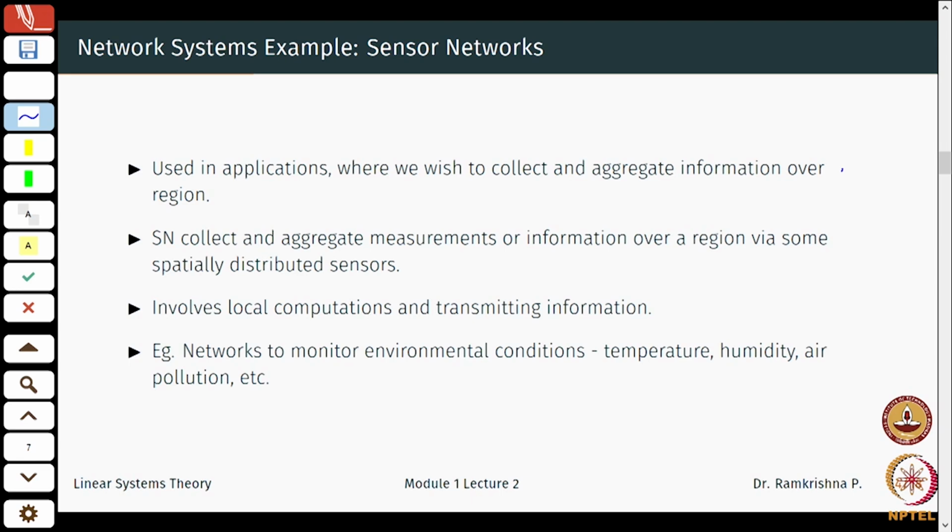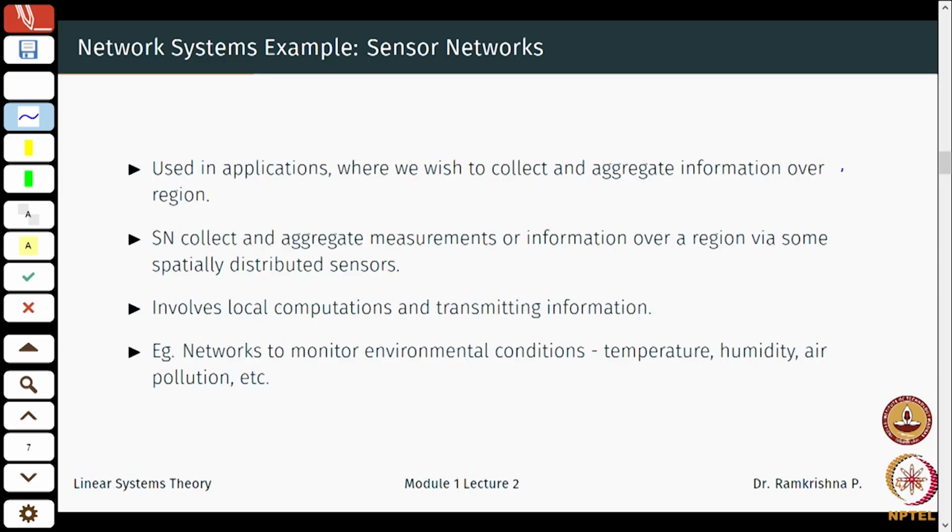They collect information, they compute and then aggregate all the measurements with some special distributed sensors, and these have their own computing and transmitting capabilities, right. So, a typical example would be if I just want to monitor the temperature of a region, should I just put a temperature meter over here, when the thing might be slightly different 2 kilometers down the line and so on.